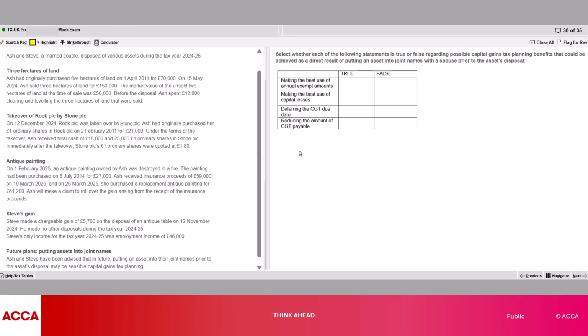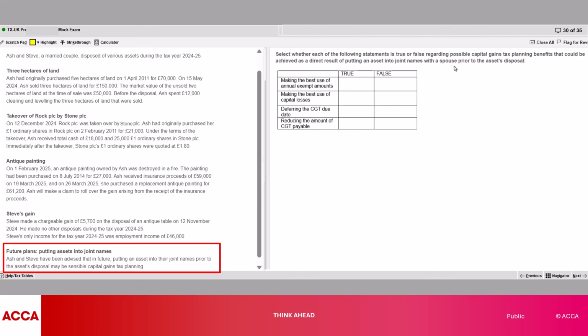The final question doesn't actually need the information from the scenario, although we are told that Ash and Steve are going to potentially put assets into their joint names before selling the asset in future. We can really just answer this one by looking at the information that we've got here.